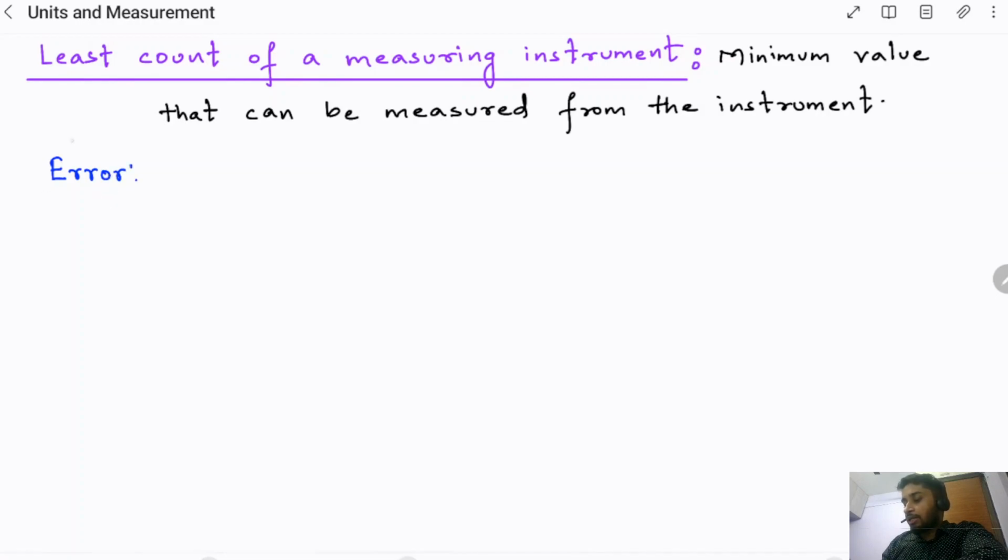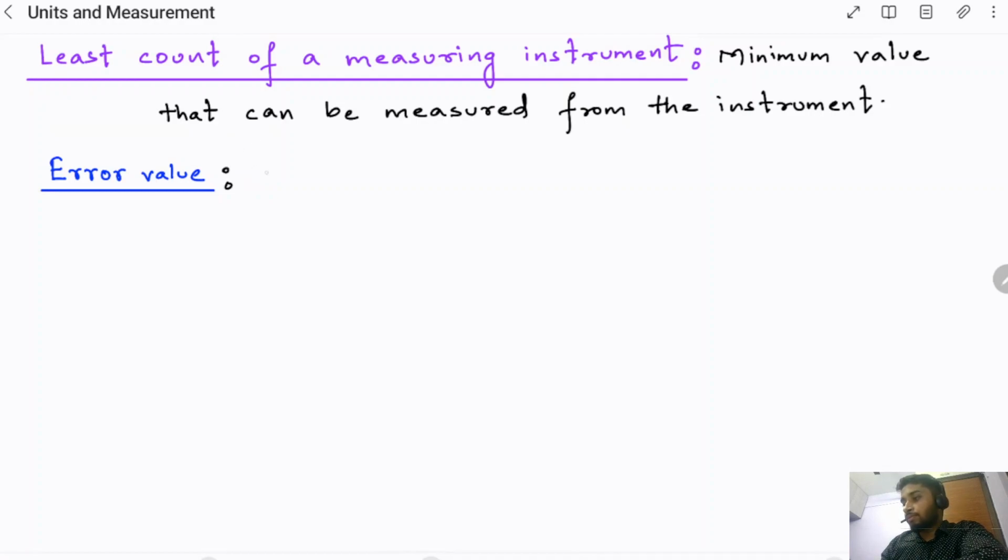So error occurs when the measured value is not same as the true value. And mathematically, if you talk about the error value, so we are going to define error value here. Error value is the difference.